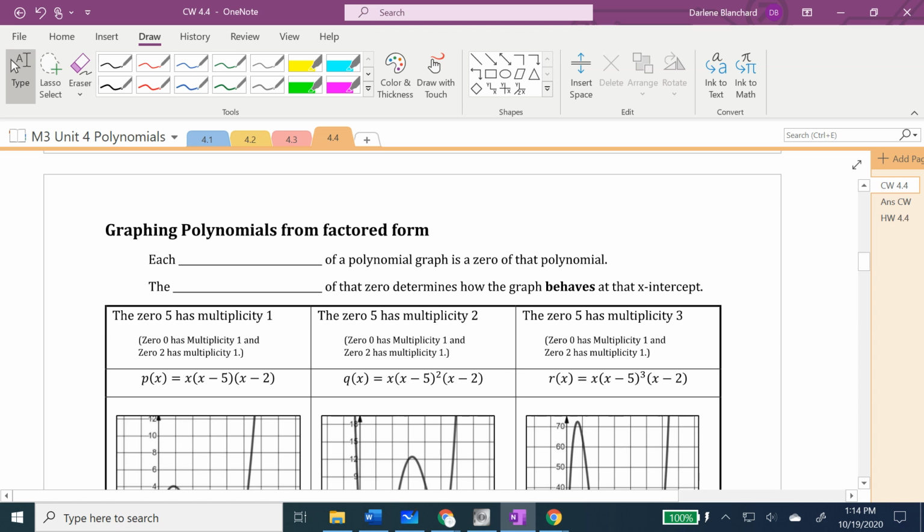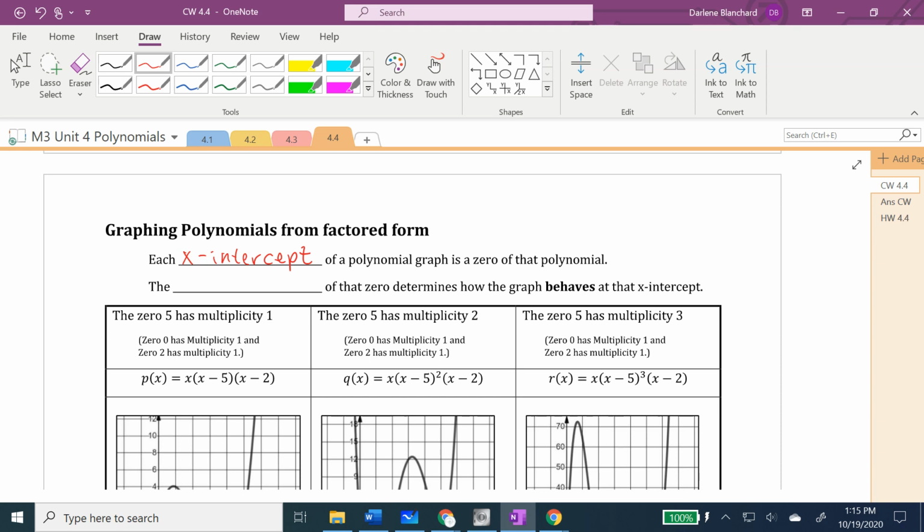Each x-intercept of a polynomial graph is a 0 of that polynomial.